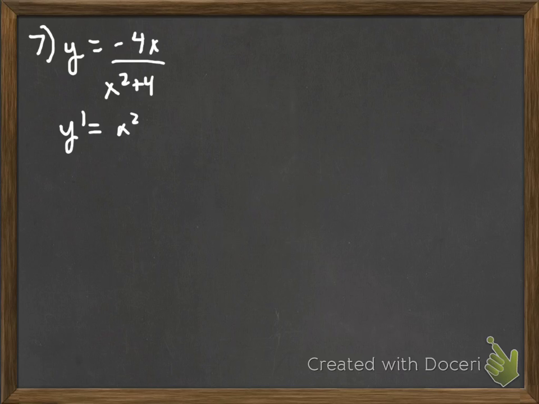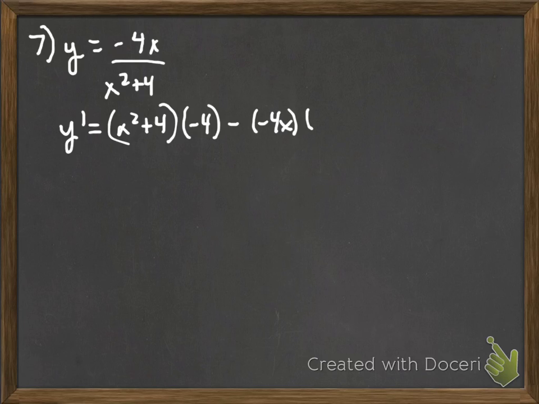V u prime minus u v prime over v squared.